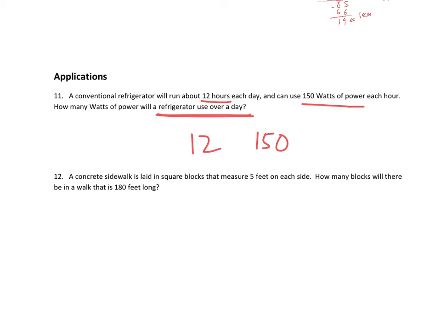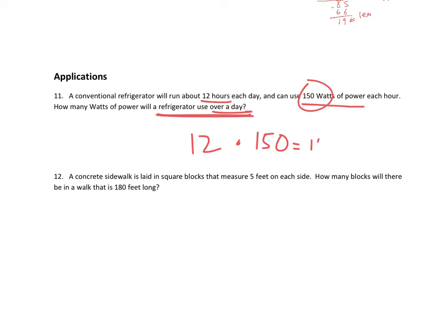So we got to ask ourselves: are we going to divide those or multiply them? Well, if each hour is 150 and we're doing a whole day, a 12-hour day, it's going to be more than 150, right? So if you want to make this bigger, this is going to be a multiplication thing. 12 times 150, all right?